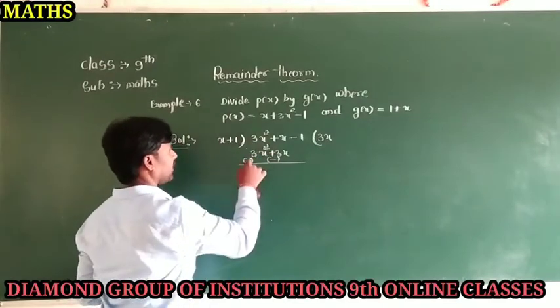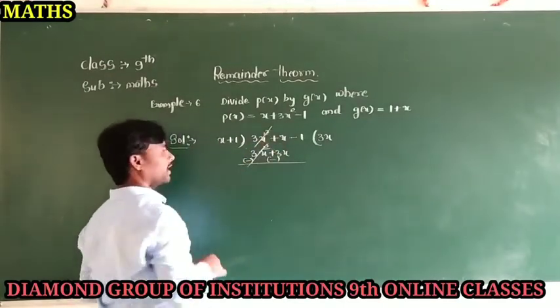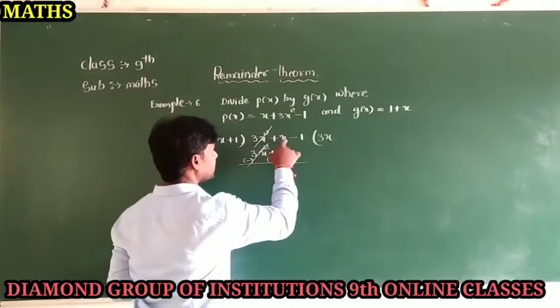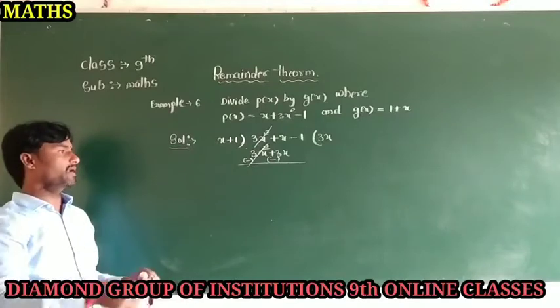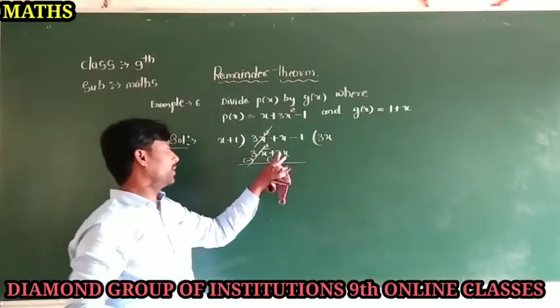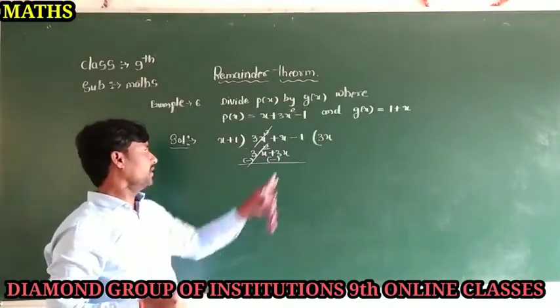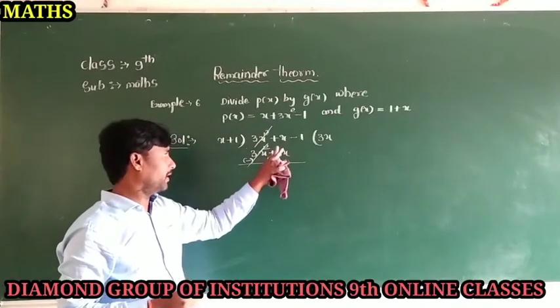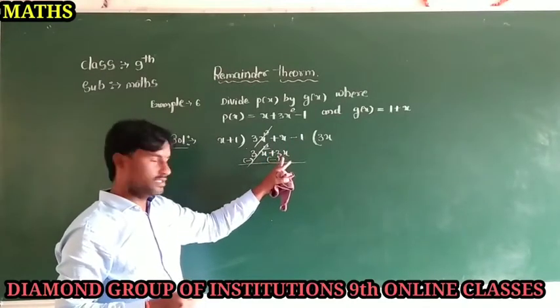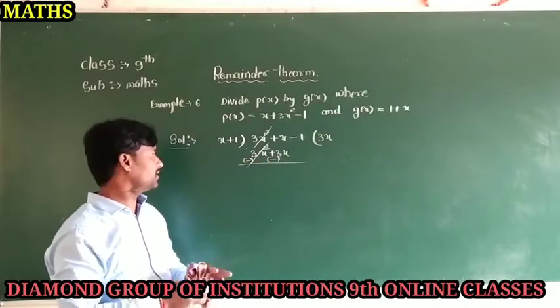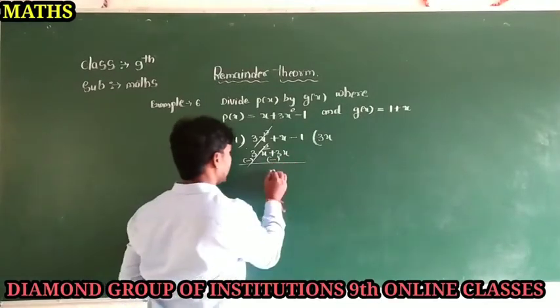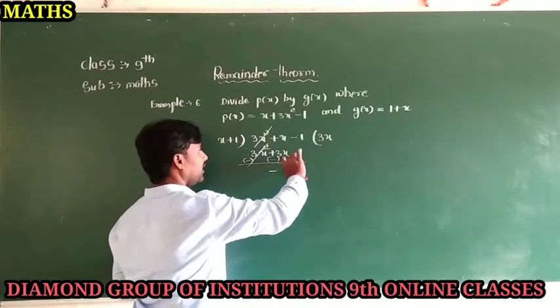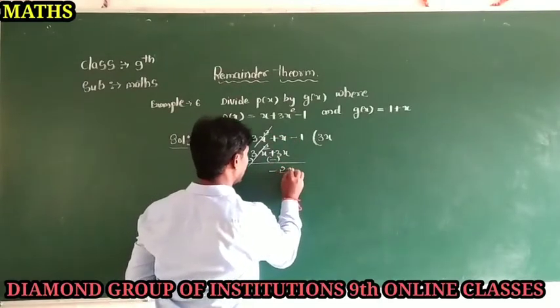So plus 3x square minus 3x square both get cancelled. Here plus x minus 3x. We should do the subtraction and the answer will become negative, dear students. Why will it become negative? When we look at the variable terms, this is 1x, this is 3x. The highest term is 3x, and its sign is negative, that's why the answer becomes minus. 3x minus 1x is equal to 2x.